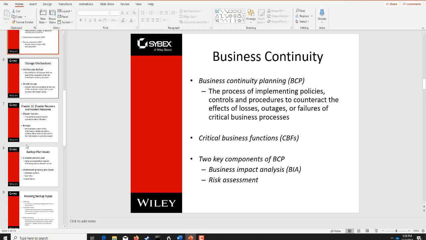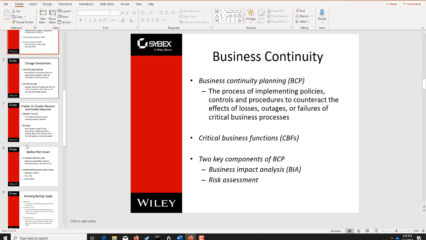So it's not just business from a business perspective. I also want to look at it from an organizational perspective too. So there are critical business functions that have to be revived or have to be looked at. And with businesses, it's typically about making money. Or with municipalities, for example, public relations outreach to their constituency.